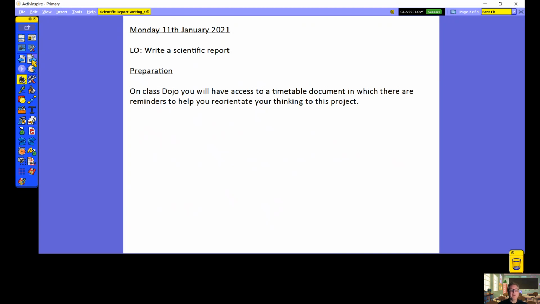So for preparation, on Class Dojo, you will have access to a timetable document in which there are reminders to help you reorientate your thinking to this project. You go into the timetable, scroll right to the end, and there are some support documents and advice for you.